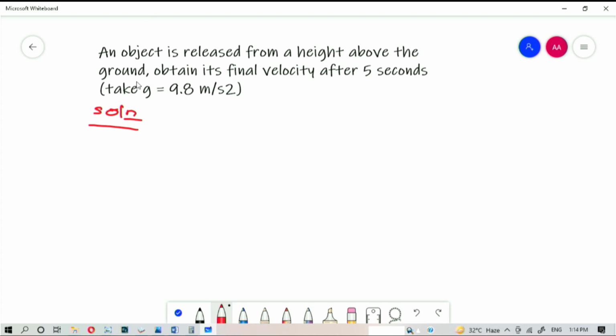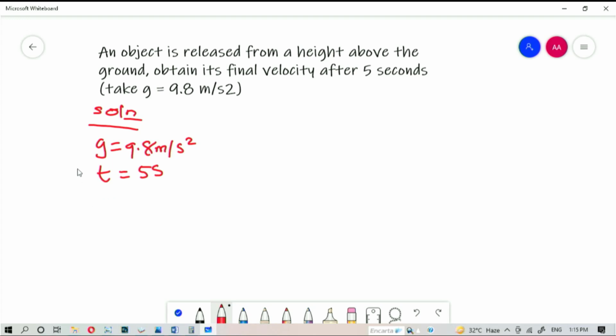We have g equal to 9.8 meters per second square, then time equal to 5 seconds. But you must be very careful, because the object is released from a height. That shows that the object is falling freely, and g is positive in that case.